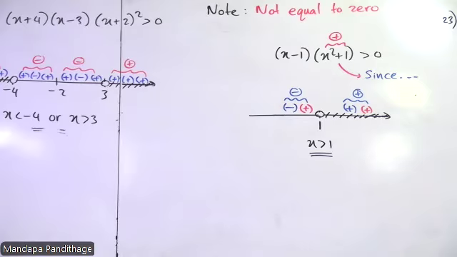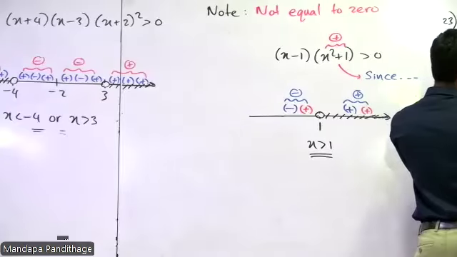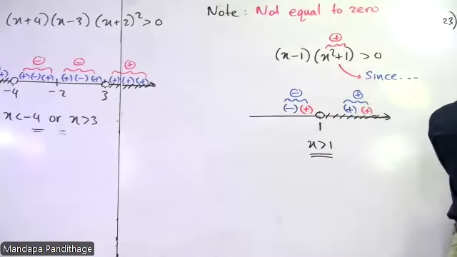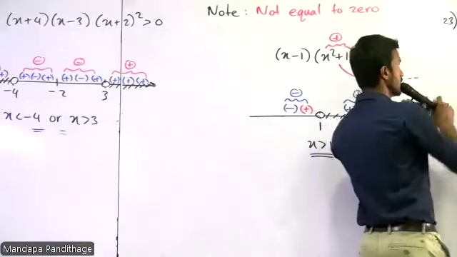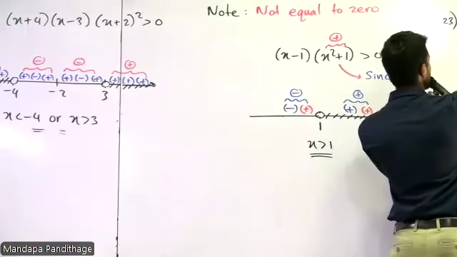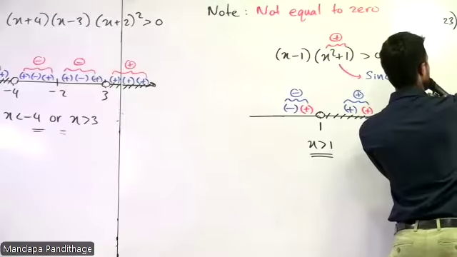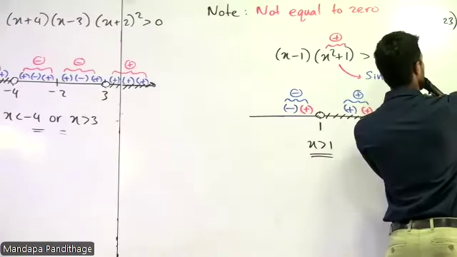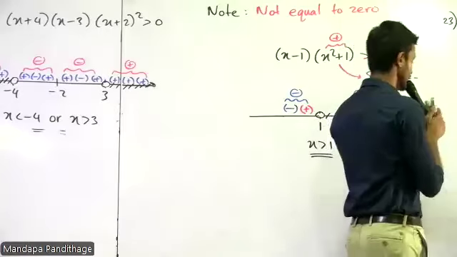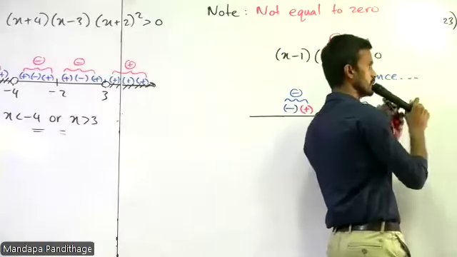This one, mark the remaining factors minus 3, minus 1 and 2. Since this is positive, you can forget about it and it doesn't become 0. There's no real value that makes it 0. Then you don't have to think about it. Just go with the remaining stuff because it's positive.